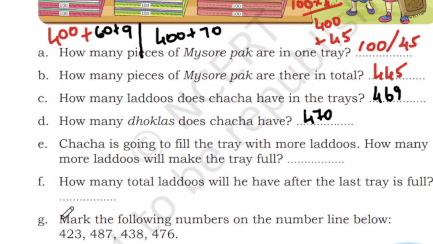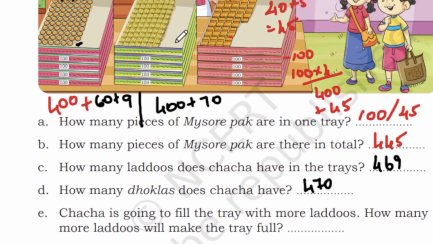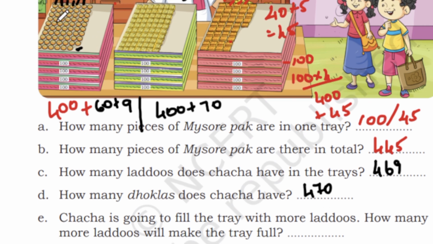Okay, so next, Chacha is going to fill the tray with more laddus. How many laddus will make the tray full? This tray has only 69 laddus, right? So how many laddus does he still need to make this tray full?